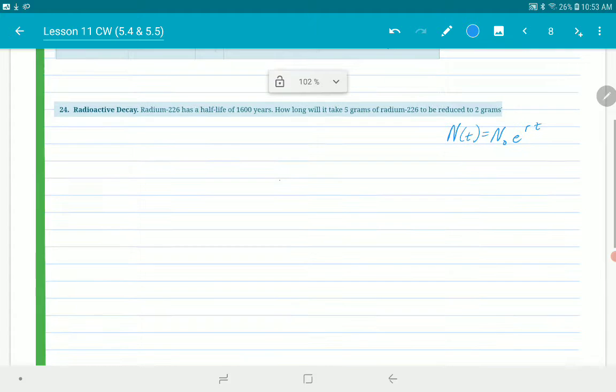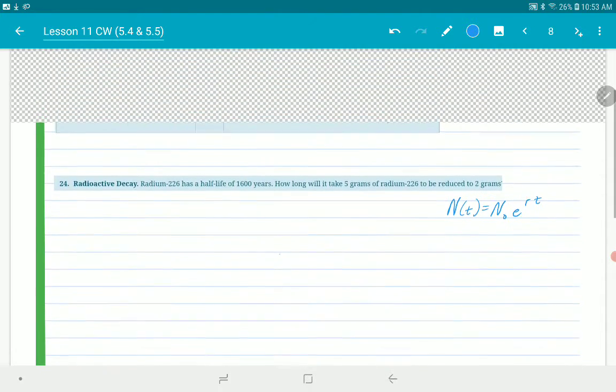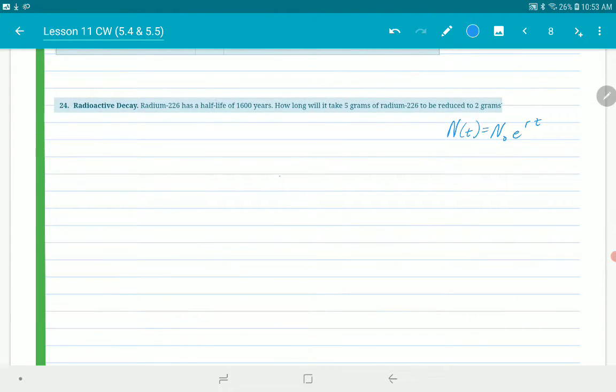And this time we're given a new concept called half-life. So half-life means how much time does it take to get half of the initial value.